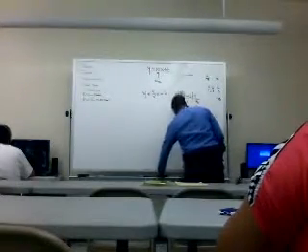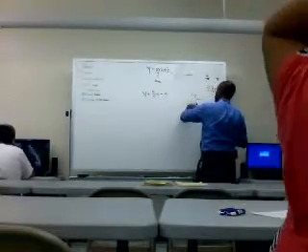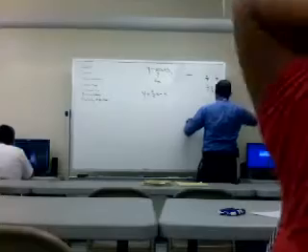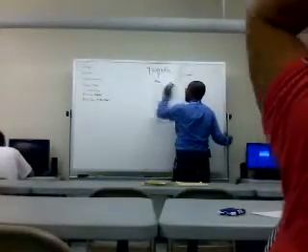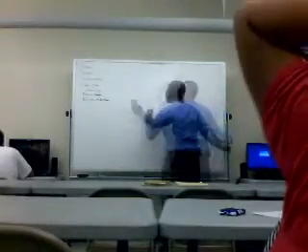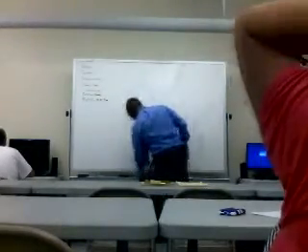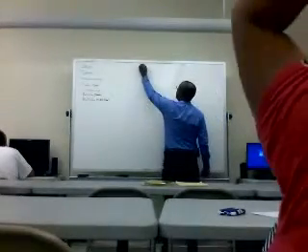Now sometimes they will give you two points and ask you to find the line. And that is called the point slope form.